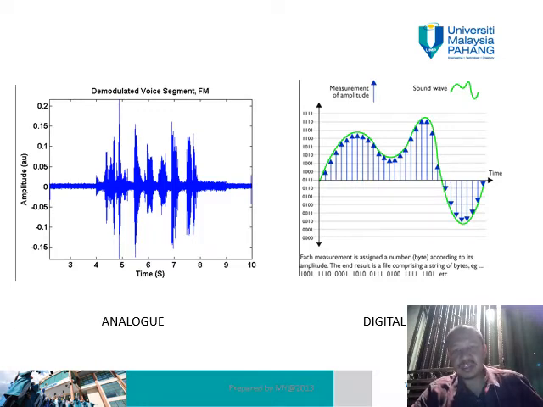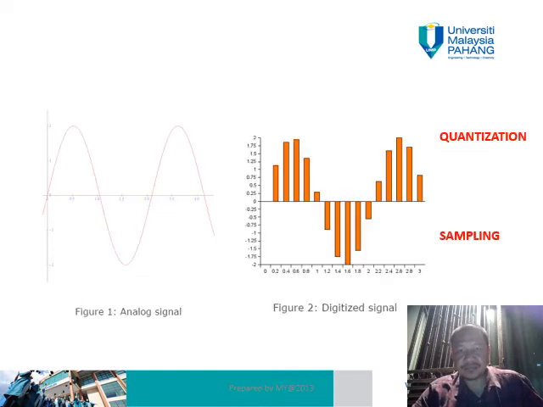In digital, the signal is discrete, at certain time intervals. It is not continuous. The signal has an amplitude at certain time intervals.